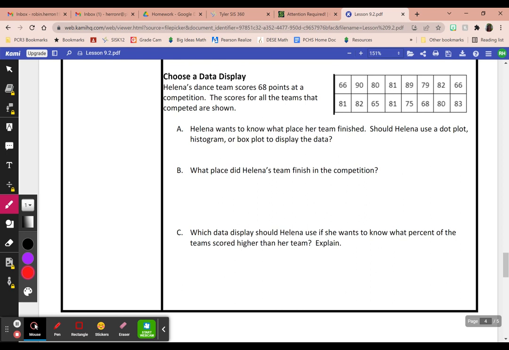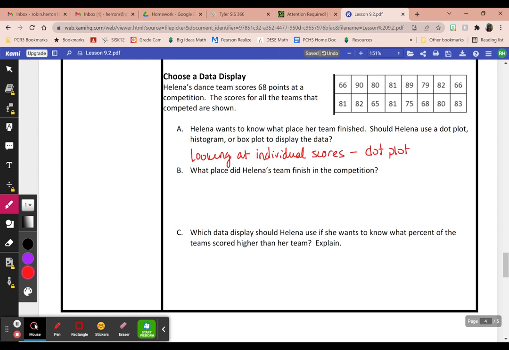Well, she wants to know her team compared to everybody else's. So she's looking at individual scores. And if you're going to look at individual scores, then you should choose a dot plot because it's going to show you all the exact ones. Dot plot for individual.